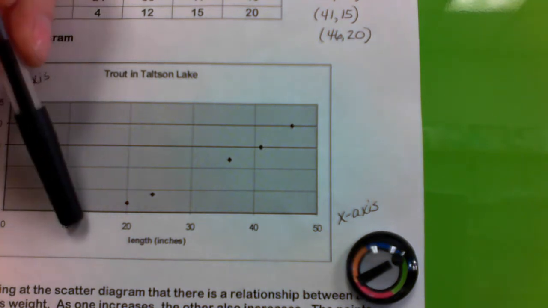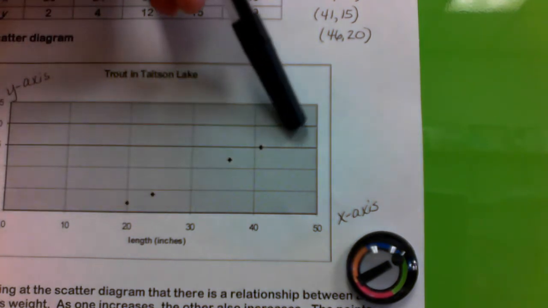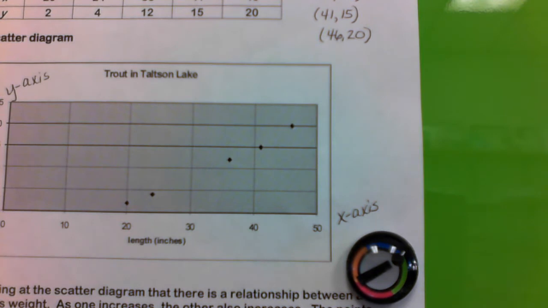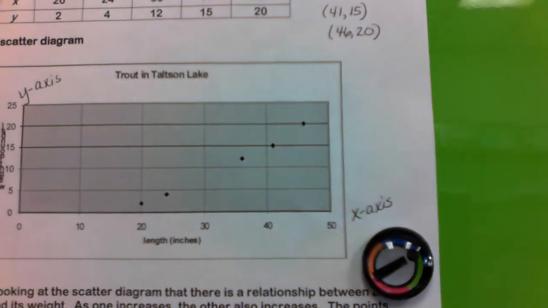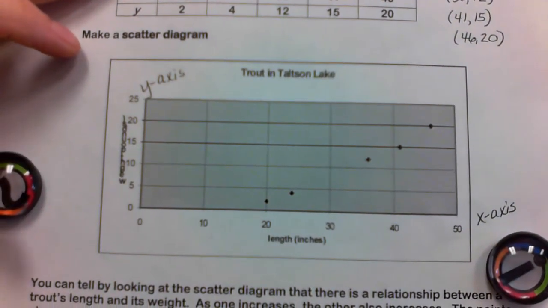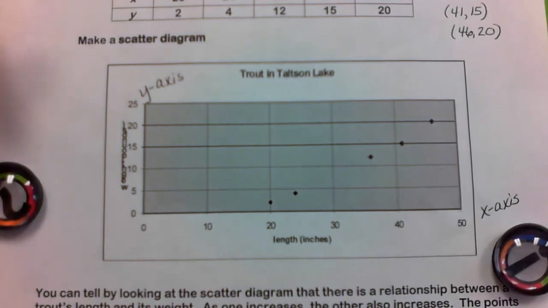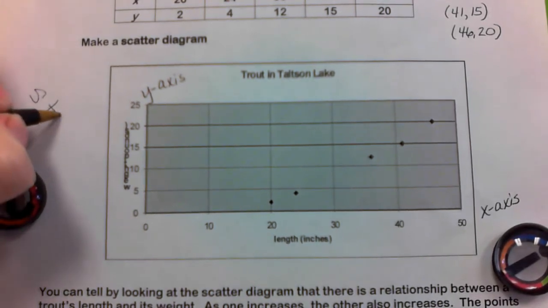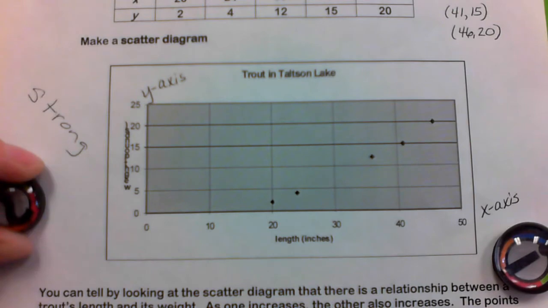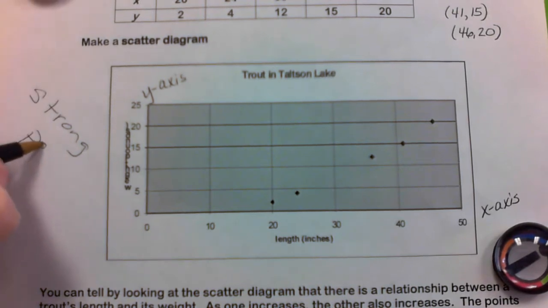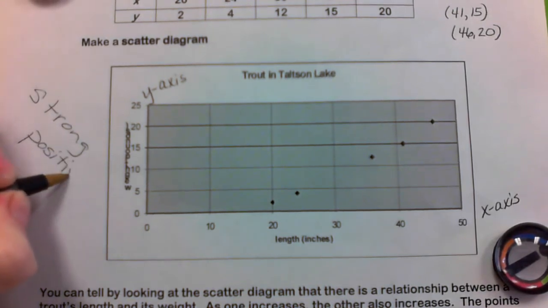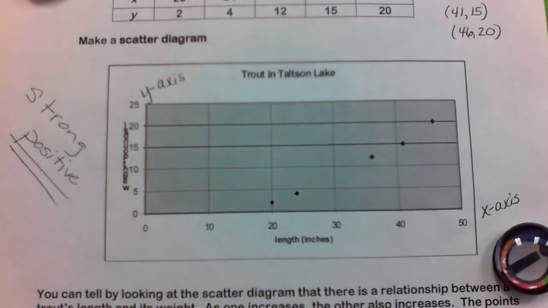Now, if I were to get a ruler and draw a line, they would not all fall exactly on the line. Therefore, we cannot call this a perfect positive correlation. In this one, I would call it strong positive.